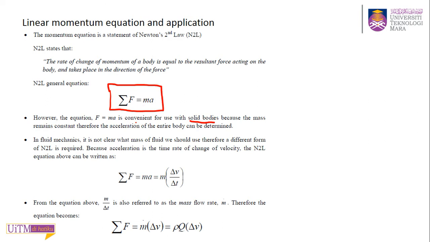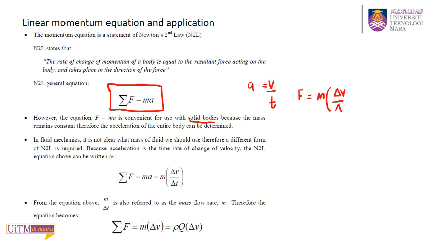But in fluid mechanics, the mass of the fluid is not constant; it changes at any point. So we need to change this. We know that the acceleration a is equal to v over t, the velocity over time, the rate of change of velocity. So that's where we have F equal to m times delta v over delta t.